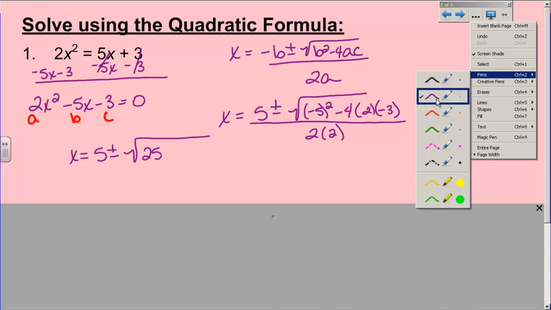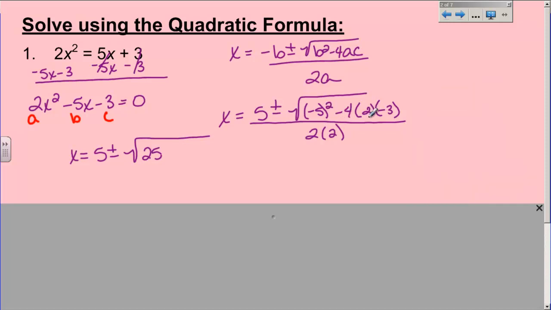Then I will just multiply. Negative 4 times positive 2 is a negative 8. And then negative 8 times negative 3 is a positive 24. So this becomes plus 24. And all of this is divided by 4. Well, 25 plus 24 is going to be 49. So now I have 5 plus or minus the square root of 49 divided by 4.